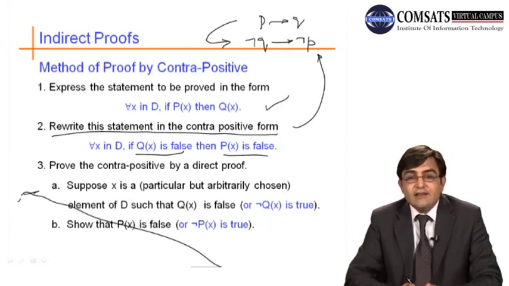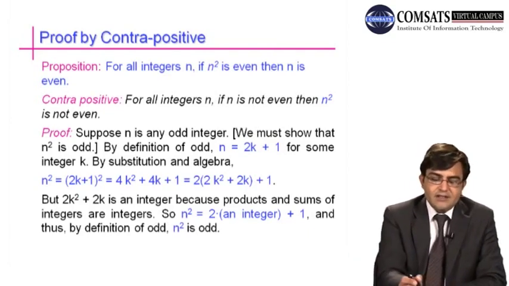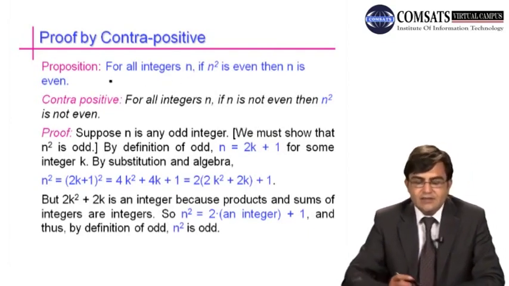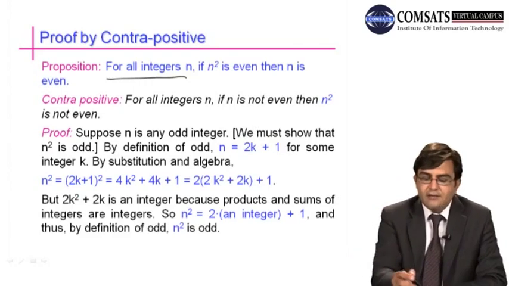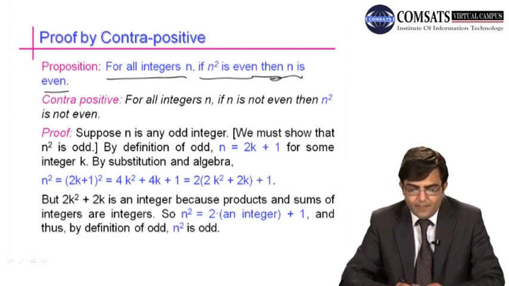We take an example, a proposition, and we prove this proposition by the method of contraposition. So what is the proposition? For all integers n, where this is the domain, if n square is even, then n is even. So this is what we have to prove.